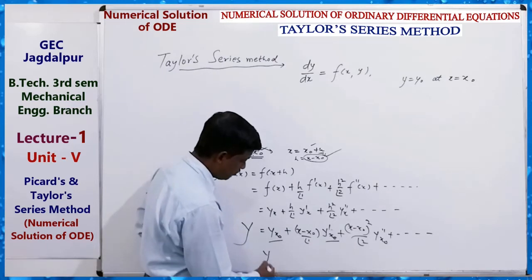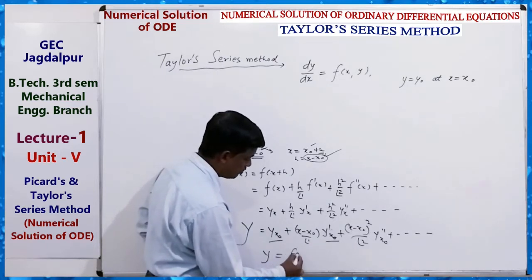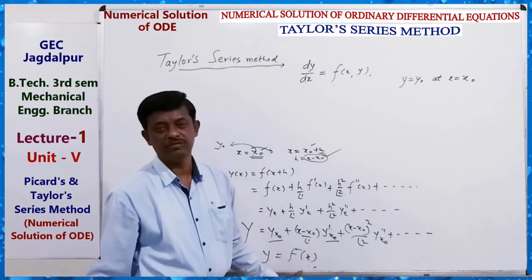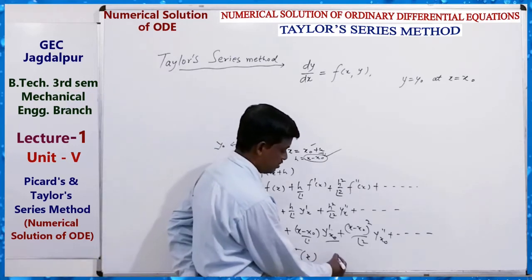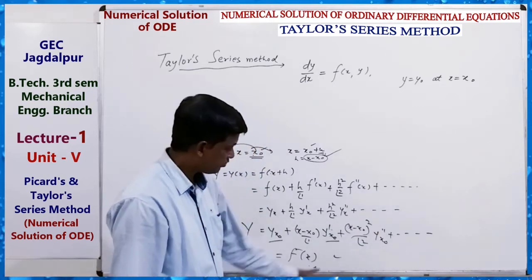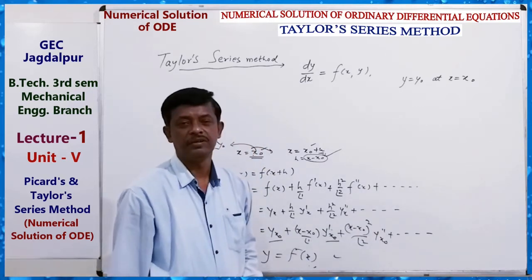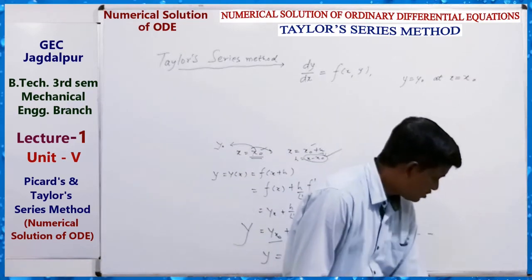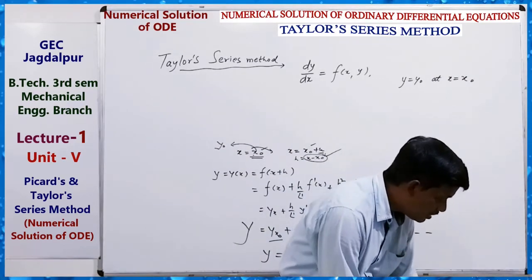Then we can get the value of y as a function of x, and from this we can get the value of y for a particular value of x. So this is the Taylor series method.